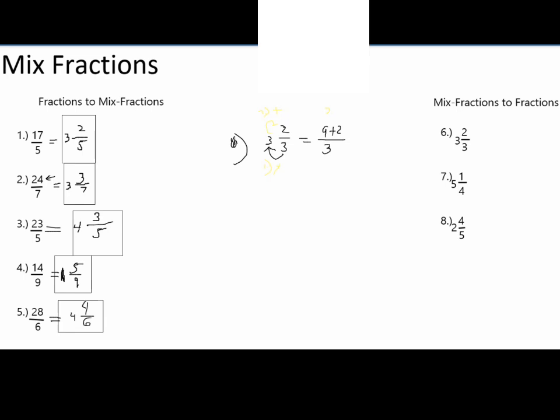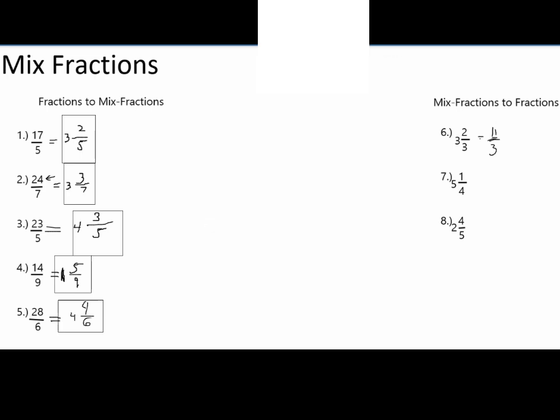I did it this way so you can visualize it. Now let's continue doing this problem. 9 plus 2 is 11 and copy the denominator. There you have it. That is the fraction of this mixed fraction.